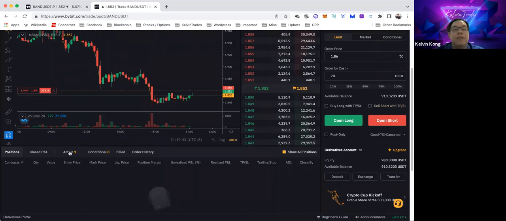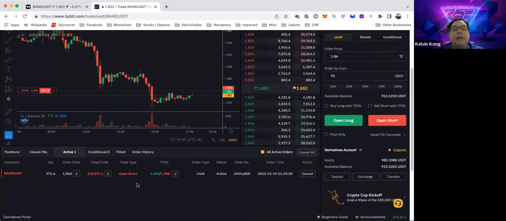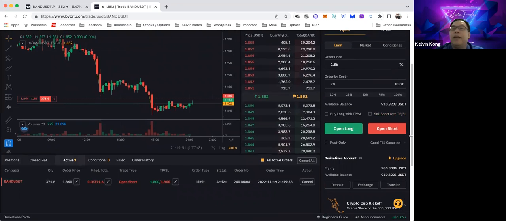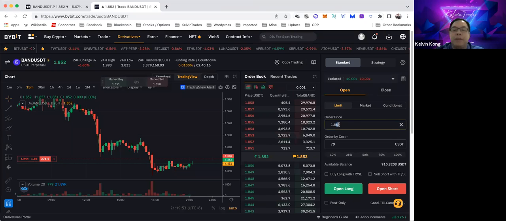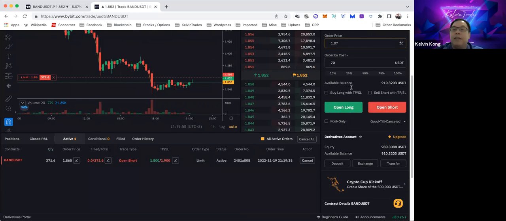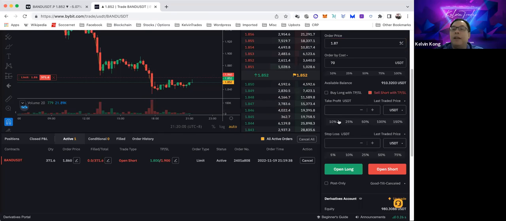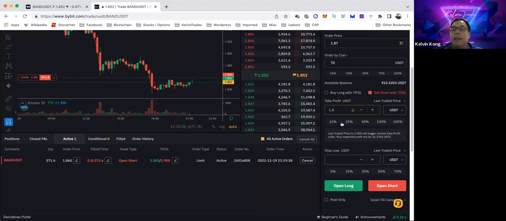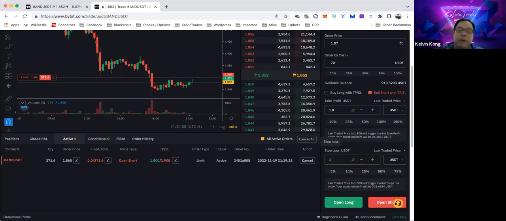Okay, so you have an active order here. You see your take profit and stop loss already set. Short. All right, next order, 1.87. The rest remain unchanged. Take profit, 1.8. Stop loss, 1.9.